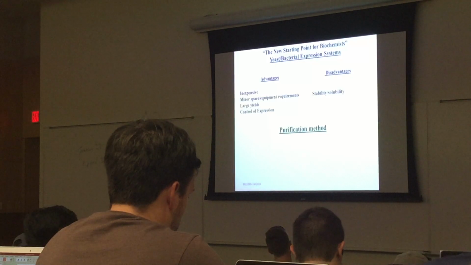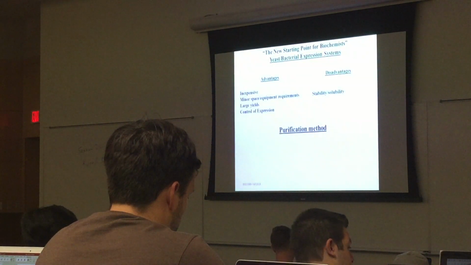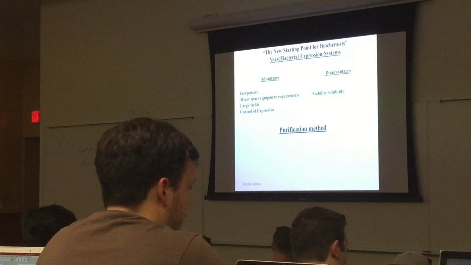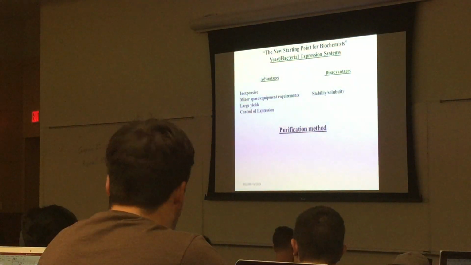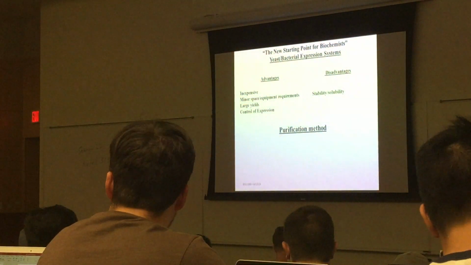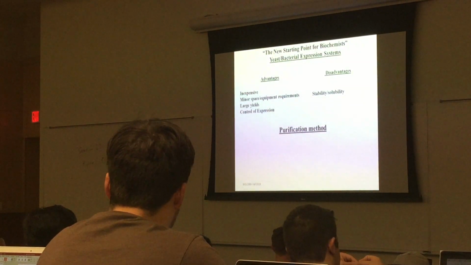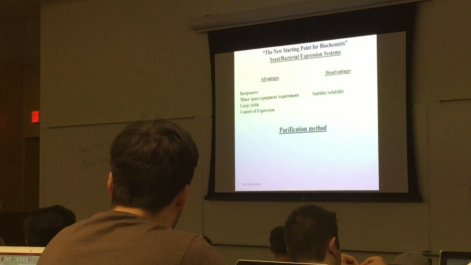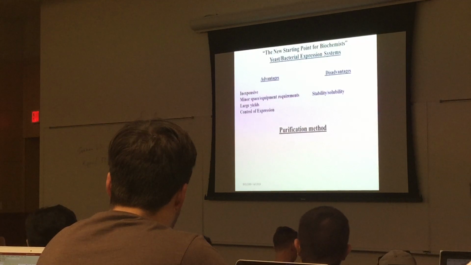Whether we're purifying insulin so that we can inject it into a human so that they can fight off diabetes and so forth, or purifying a protein so we can do crystallography studies, we'll use yeast or bacterial expression systems. And there are some advantages and disadvantages. Some of the advantages: it's extremely inexpensive, relatively cheap to do this.